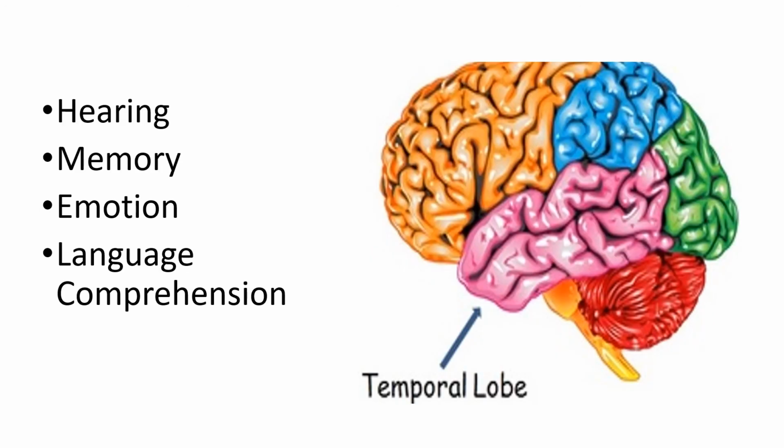All right, next we have the temporal lobe. This is this nice pink area here. The temporal lobe is responsible for hearing, memory, emotion, and language comprehension. We mentioned that in the frontal lobe portion, we had the Broca region, which was responsible for constructing sentences. But the temporal region has an area called Wernicke's area.